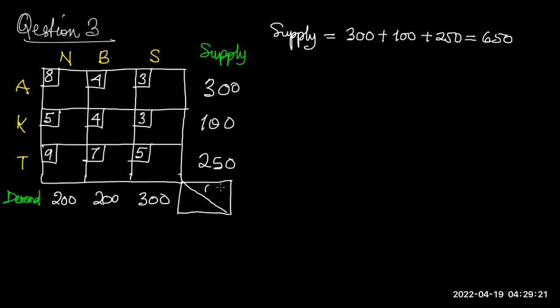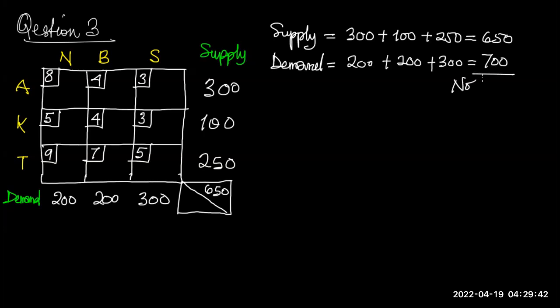And then demand, is it the same? It's 700. So it's not balanced.